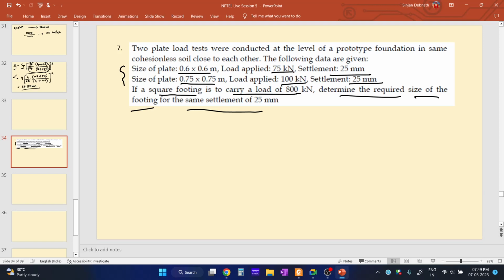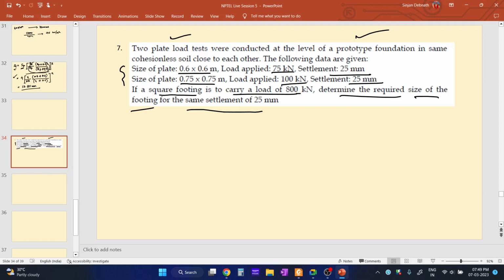So here two plate load tests were conducted at the same depth as that of the footing depth. So two plate load tests were conducted at the same depth level of a prototype foundation, of an original foundation. So the plate load tests, the result.